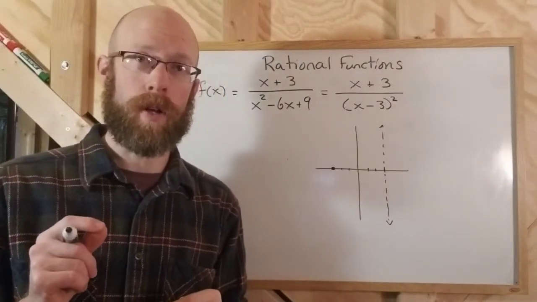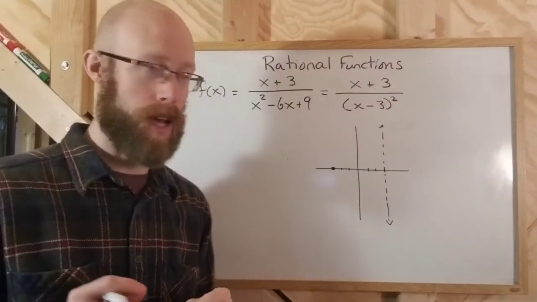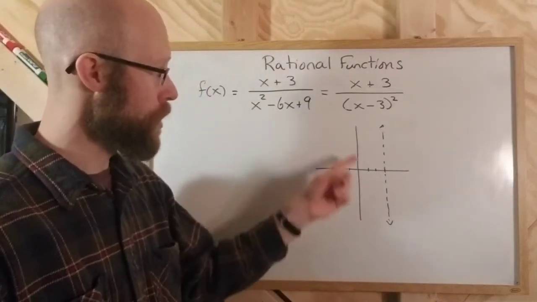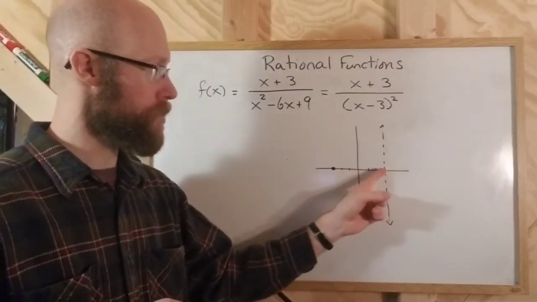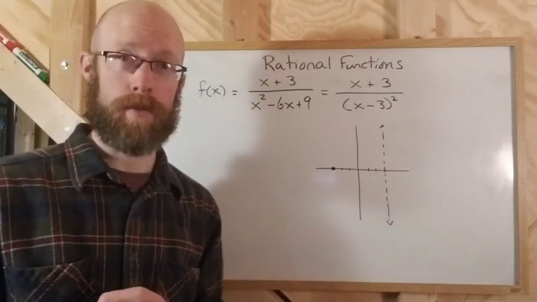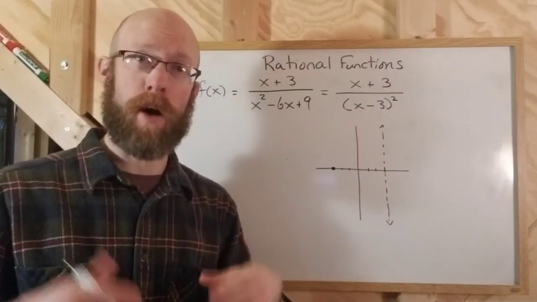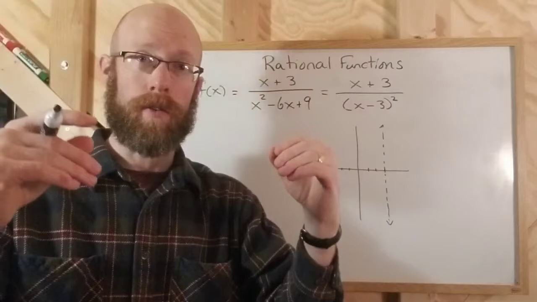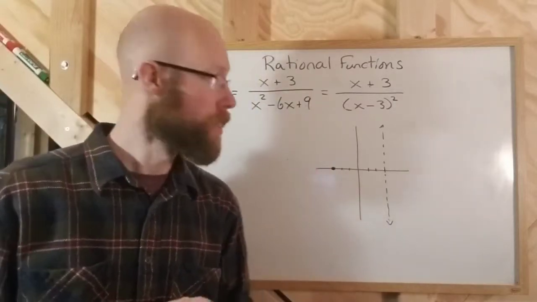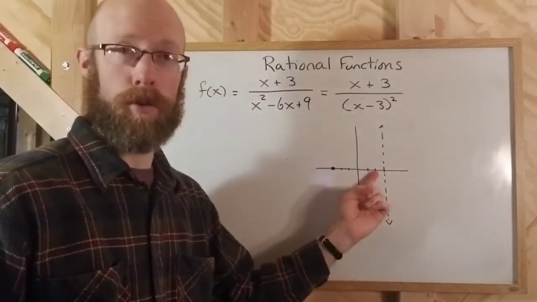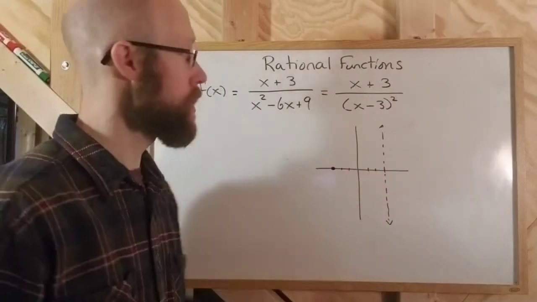But just a real easy way to make sure that's the case, I could plug in a number on either side of that vertical asymptote. As long as it's positive, I know they'll both go up, and if it's negative, they're both going down. So, for instance, I might take the number 2, just an easy number to plug in.